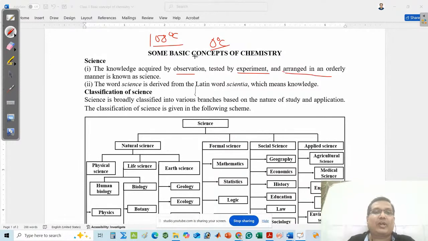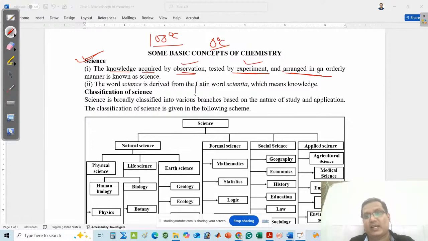Such type of knowledge is generally said to be science. Science is a knowledge acquired by observation, tested by experiment, and arranged in an orderly manner. Science in Odia is Vijnana. Observation means Parjavekshana.